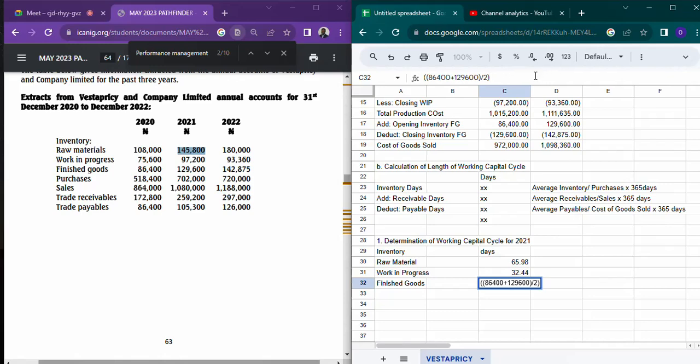And for finished goods too, it will be cost of goods sold. So divided by 972,000, right? Then times 365.